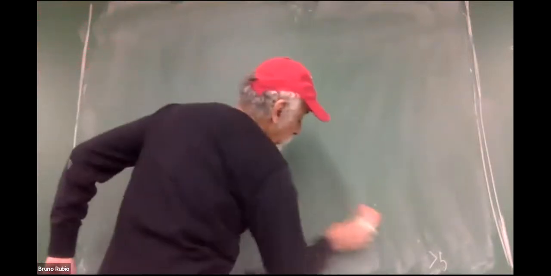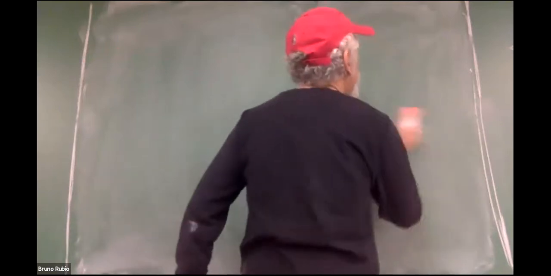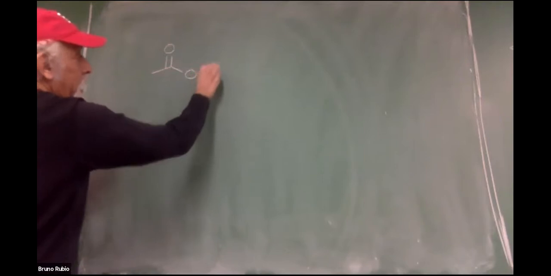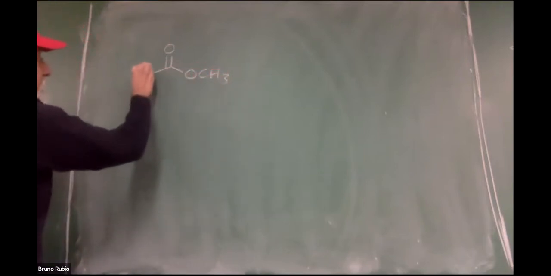So now what I want to address is a very nice question that someone asked me at the last lecture. What happens when you have a carbonyl carbon that is acyl on one end and acyl on the other end, on both ends? Now we can explain and understand what's going to happen. So something like this.